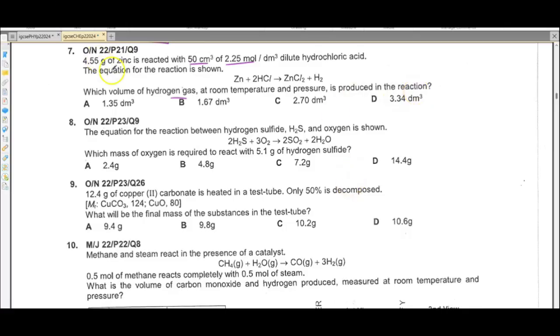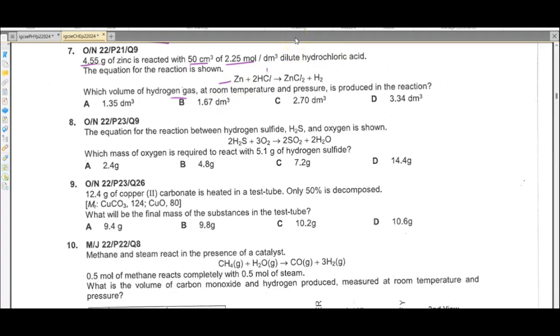Okay. Now we have the mass of zinc and we have the concentration of HCl. So we can find moles for zinc and we can find moles for HCl as well. In this question, I am going to introduce a new thing.